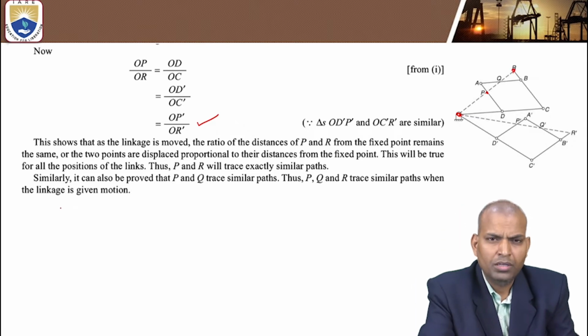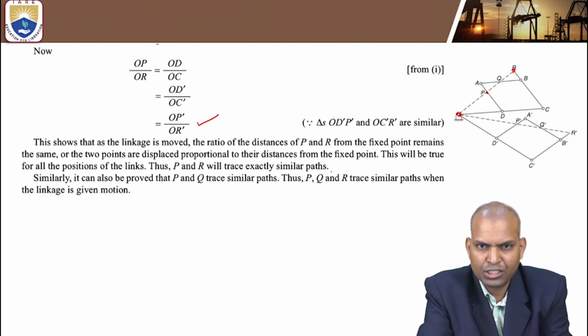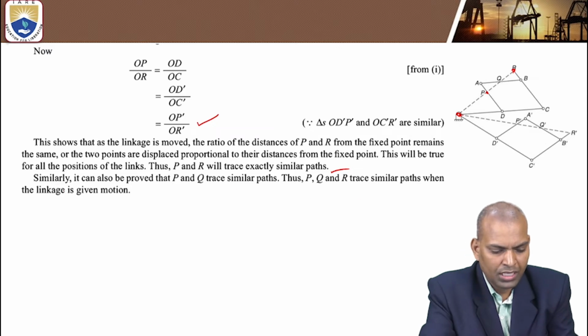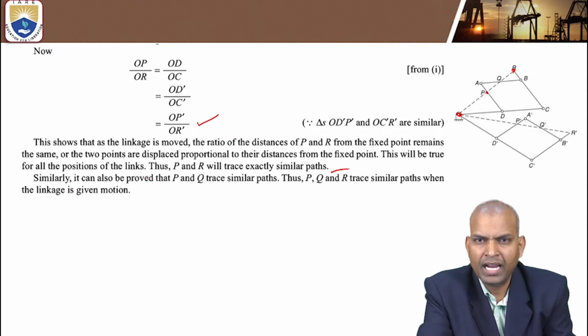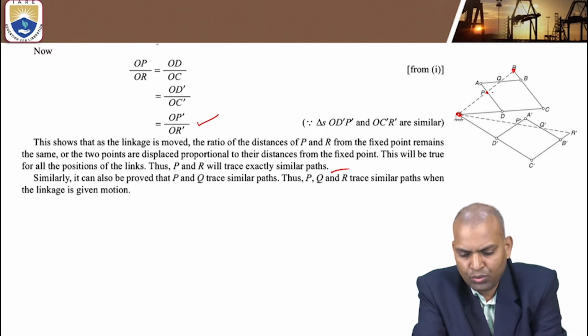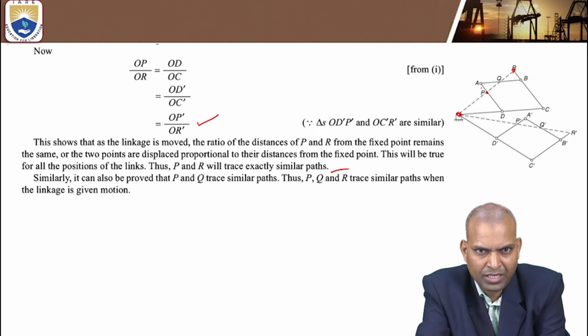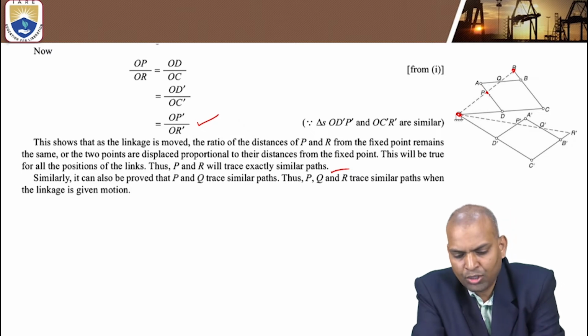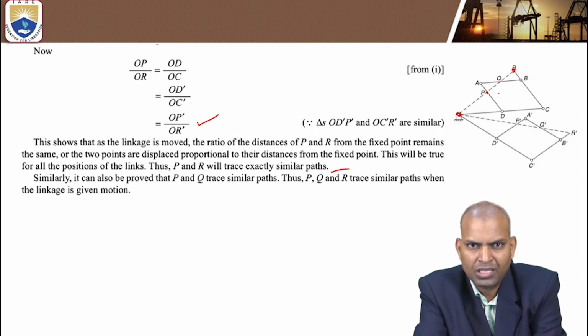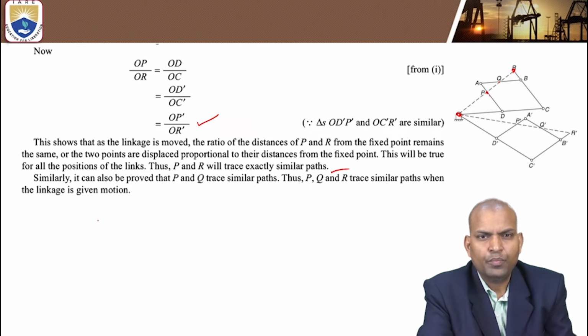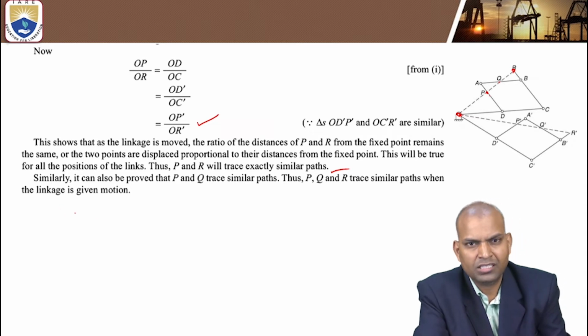This will be true for all positions of the motion of the links. P and R will trace exactly similar paths. It can also be proved that P and Q trace similar paths. As A and R trace similar paths, P and Q also trace similar paths. Thus we can understand that P, Q and R trace a straight path when the linkage is given motion.